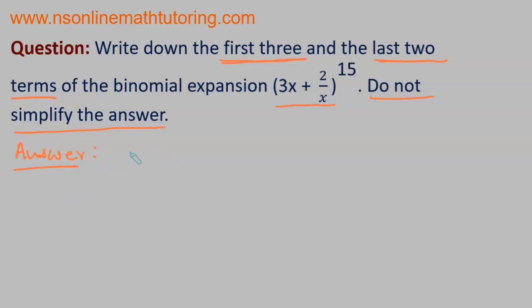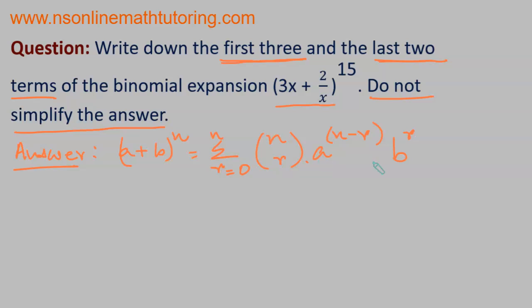The binomial theorem was (a + b) raised to the power of n is equal to sigma r equal to 0 to n, nCr a raised to the power of n minus r, b raised to the power of r.